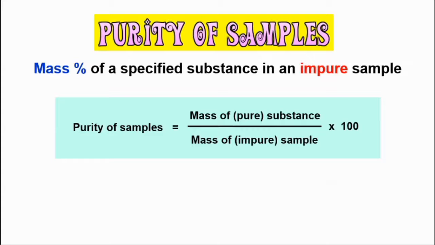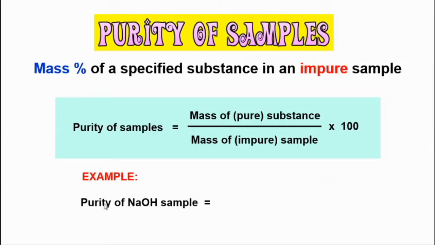Let's use one example here. Let's say the mass of the impure sodium hydroxide is 50 grams. Now we want to calculate the purity of sodium hydroxide in the sample.